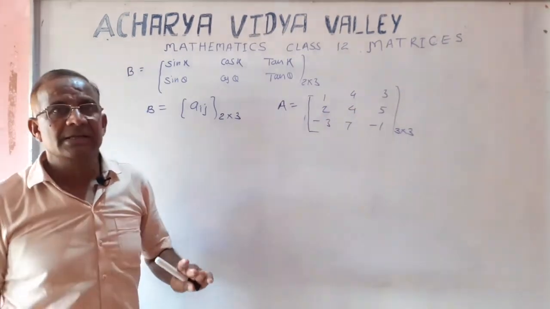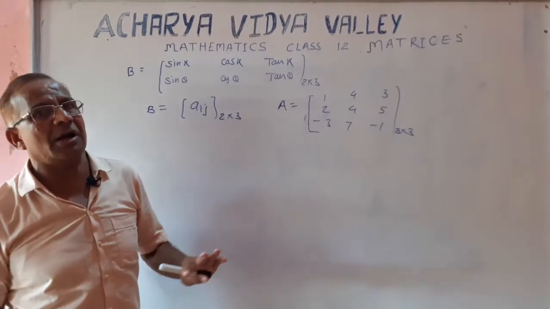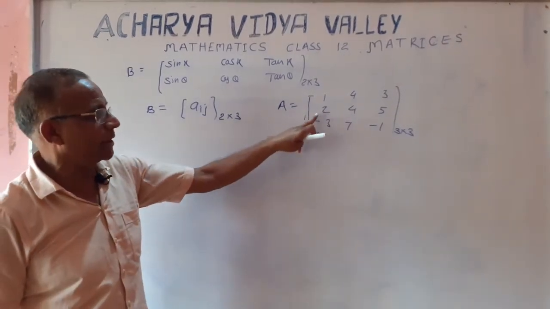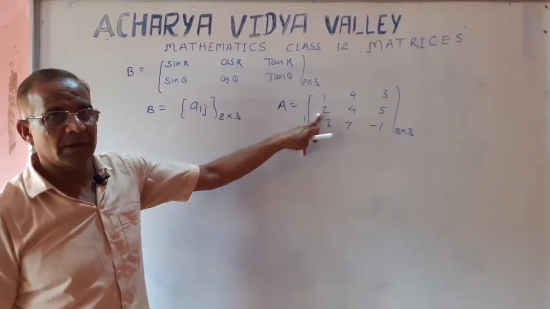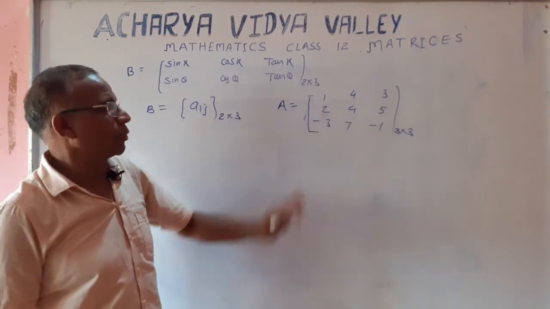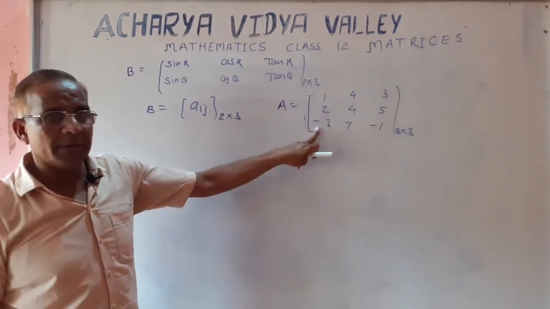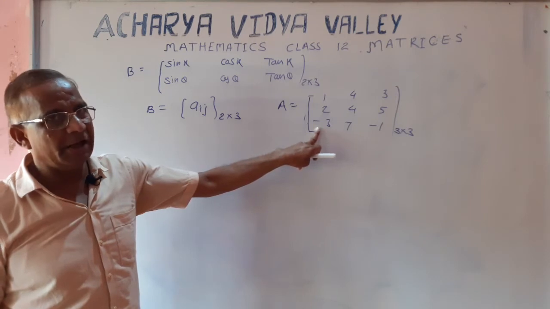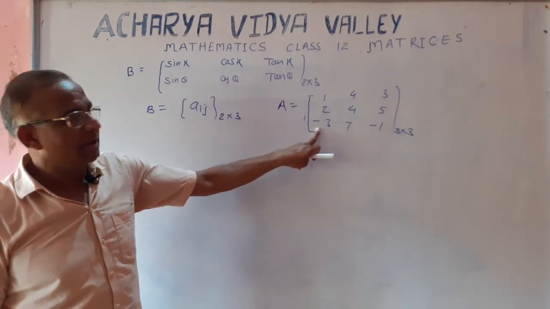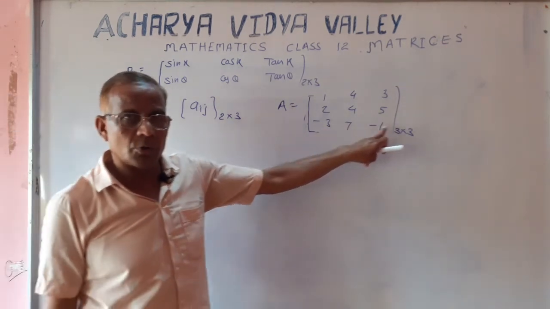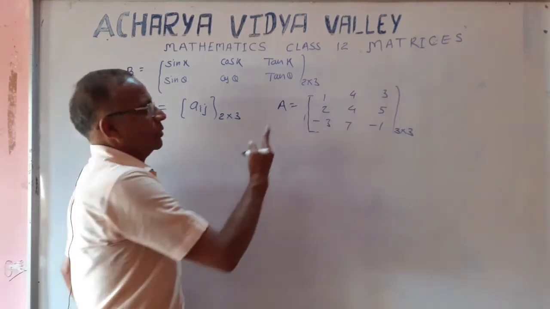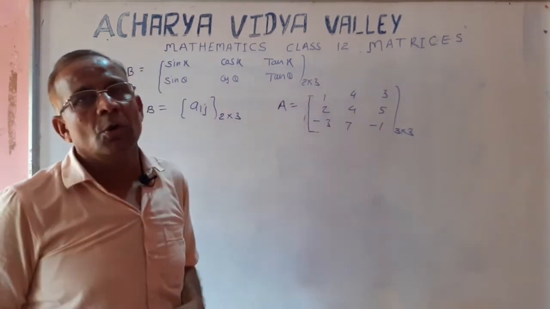A21 means second row and first column, the element is 2. A31 means the element of third row and first column, so A31 is equal to -3.